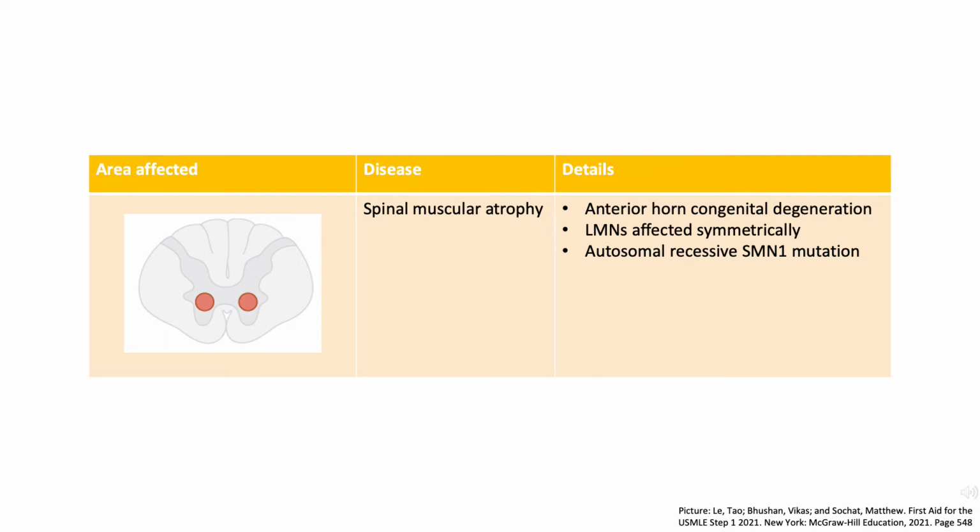So lower motor neuron symptoms will be seen symmetrically on both sides. And another detail for you is that an autosomal recessive mutation of the SMN1 gene has been found to be relevant to this disease. And then you can see the area affected in the small diagram added on this slide.